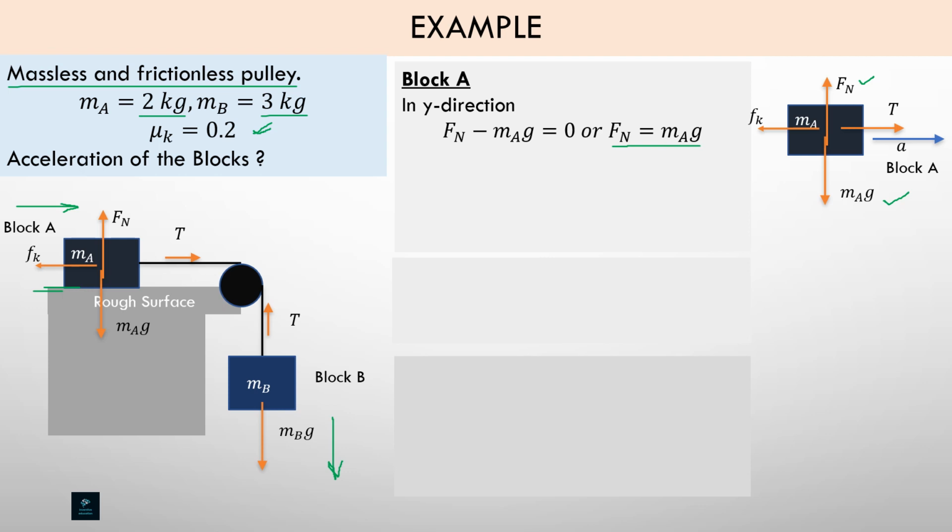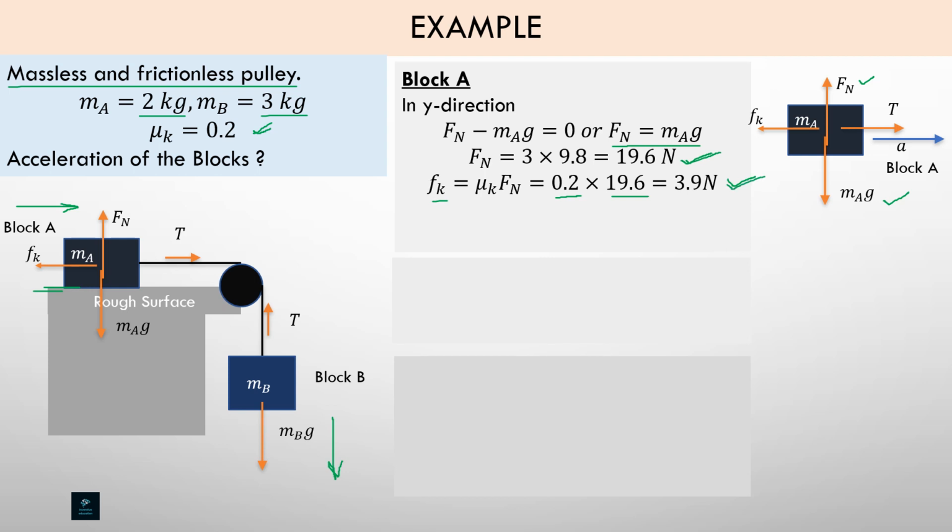Putting in the values of ma and g, we find the normal force as 3 into 9.8, equal to 19.6. Now, the frictional force is equal to the coefficient of kinetic friction times the normal force. Therefore, the frictional force is mu k into Fn. Mu k is 0.2 and Fn is 19.6, therefore the frictional force is 3.9 newtons.